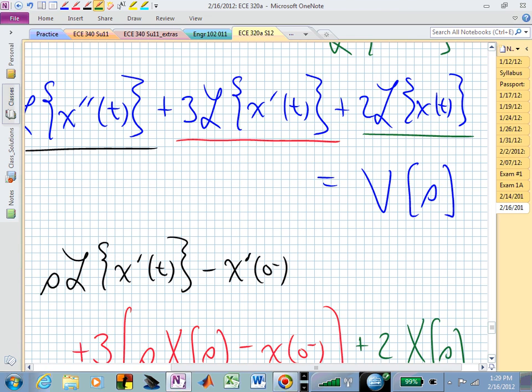If that's the case, then I need to multiply the Laplace transform of x prime by s and subtract the initial value of x prime at t equals 0 minus. Does that make sense? Does that answer your question? Any other questions?